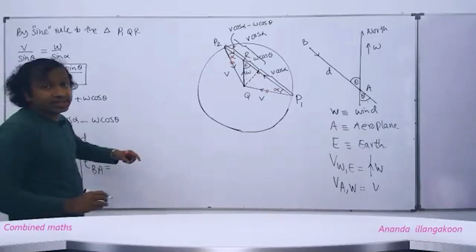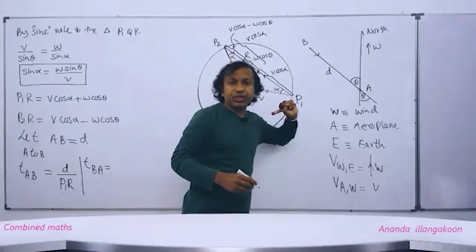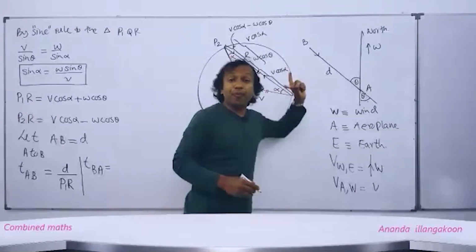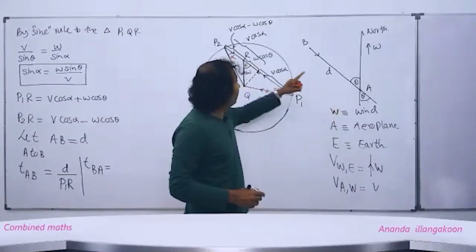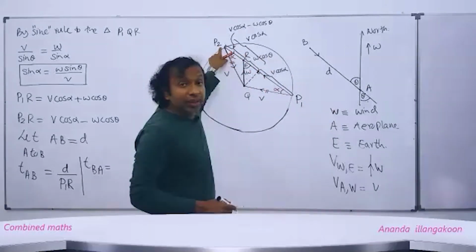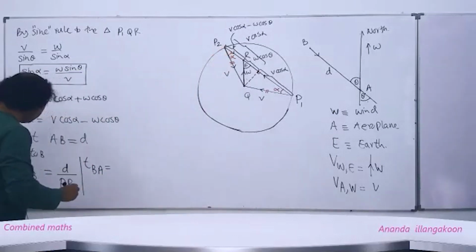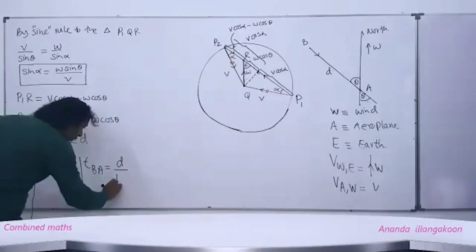Again, what is the distance when it moves from B to A? D. The velocity with which the aeroplane moves from B to A relative to Earth is given by P2R. This point P2 we named by ourselves, right? So TBA is D divided by P2R.